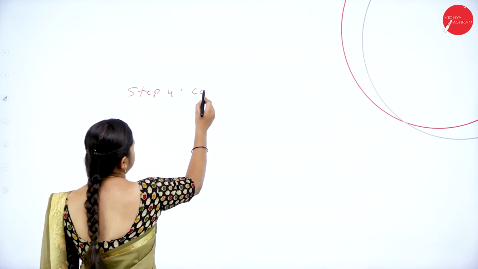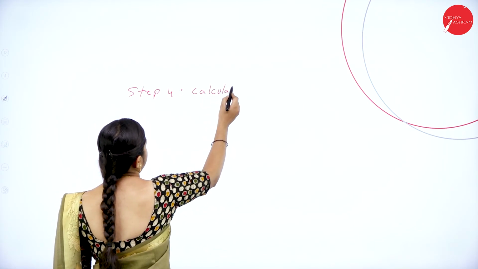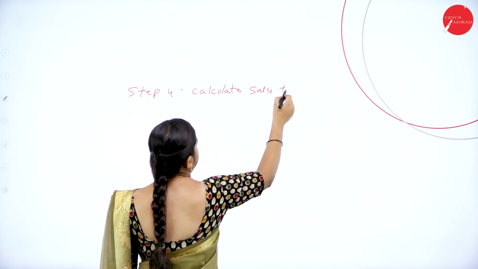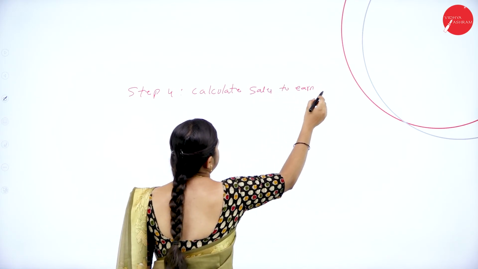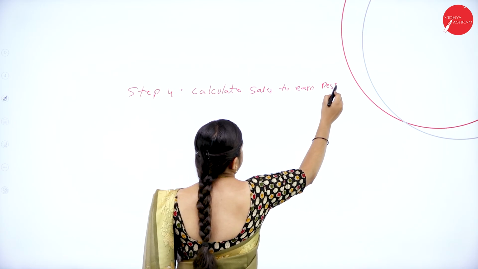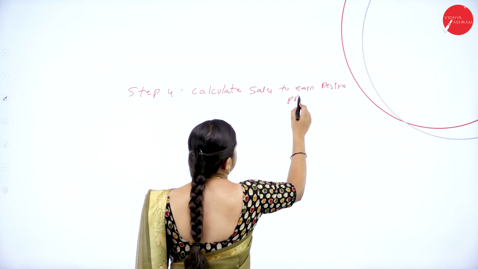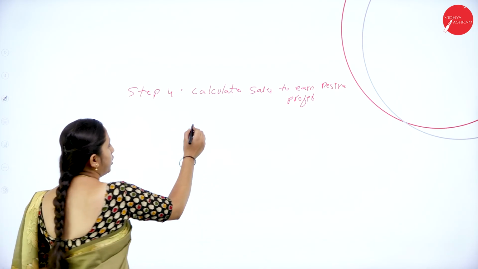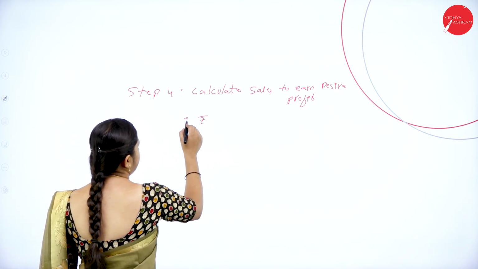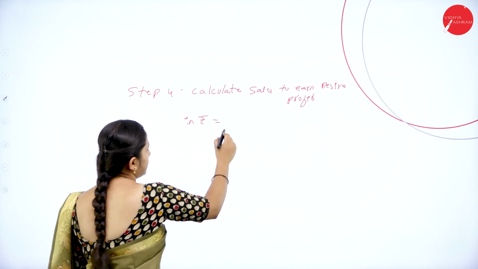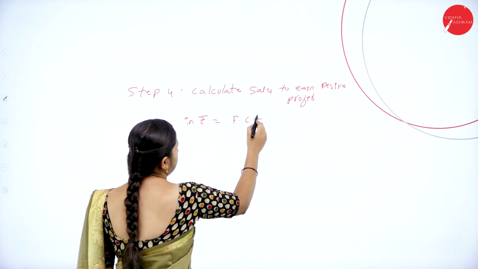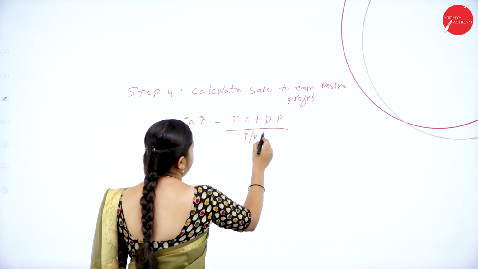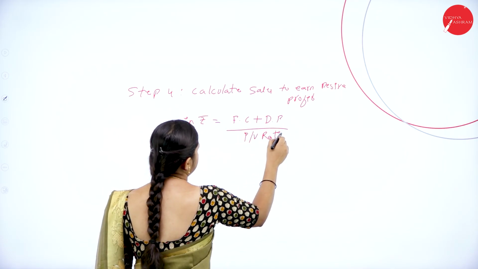Next, step 4, calculate sales to earn desired profit. For this, you can calculate sales in rupees: sales in rupees is equal to fixed cost plus desired profit divided by PV ratio.